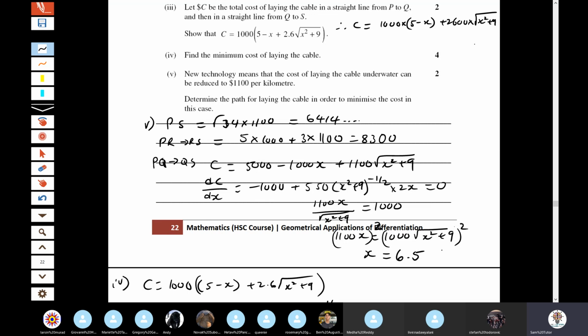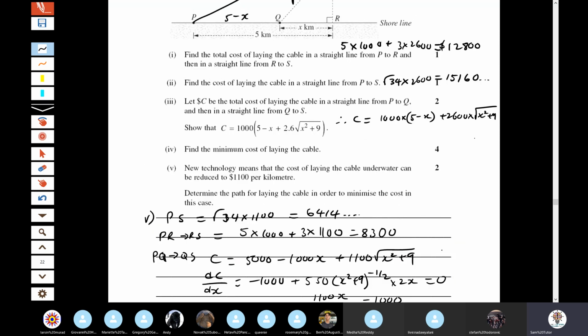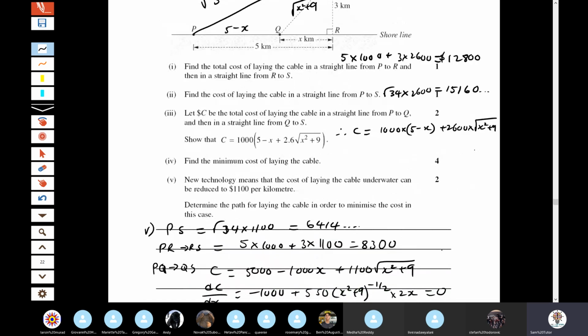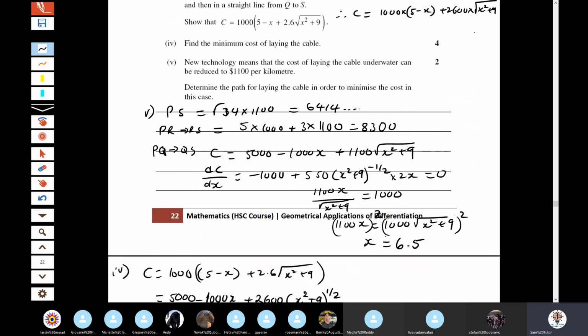What's the problem with that? It's larger than 5. You can't have that. So therefore, this will never occur. You're never going to get a minimum cost from that one.